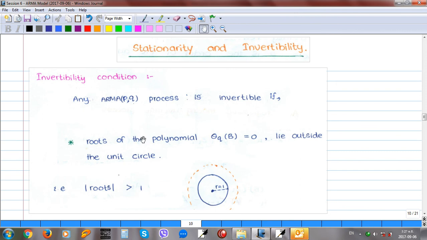So to check invertibility, we have to take the moving average part of the ARMA model and equate it to 0, then find the roots for B. Since the roots are greater than 1, that means it is invertible.